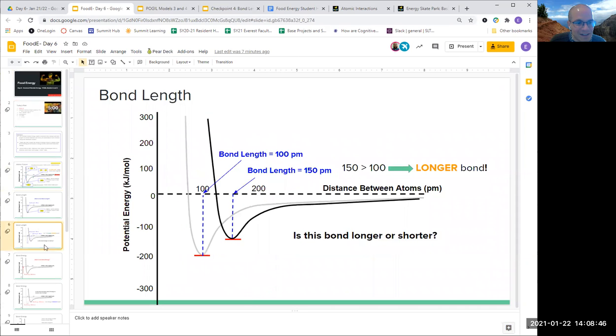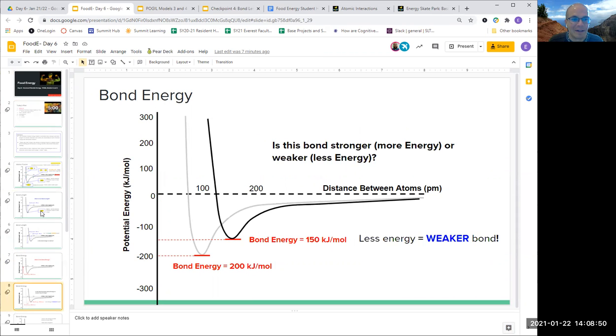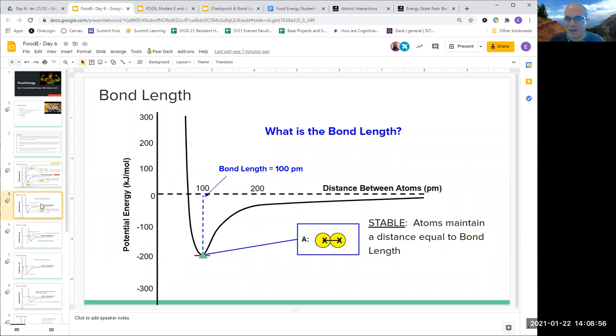Slides 5, 6, 7, and 8 go into more detail about how we numerically determine the bond length and the bond energy. For both, you look at the minimum, the lowest point in these potential energy curves, because that's where the atoms form a stable bond.